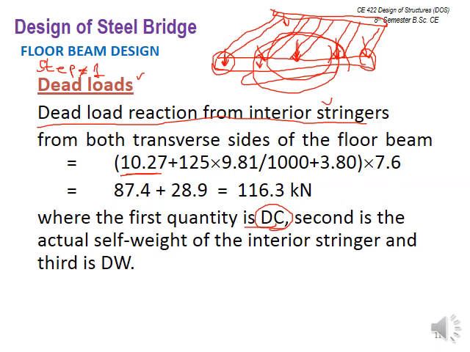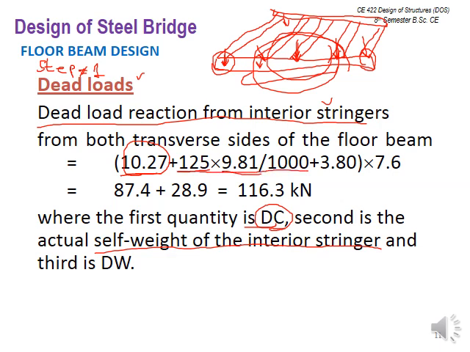Directly take it from the interior stringer load part where you calculated the dead load DC part. From there, only the DC quantity you have to consider and make this the first term of this equation. Second is the actual self weight of the interior stringer. You have designed it, it is already with you, W whatever and 125, multiplied by 9.81 divided by 1000.